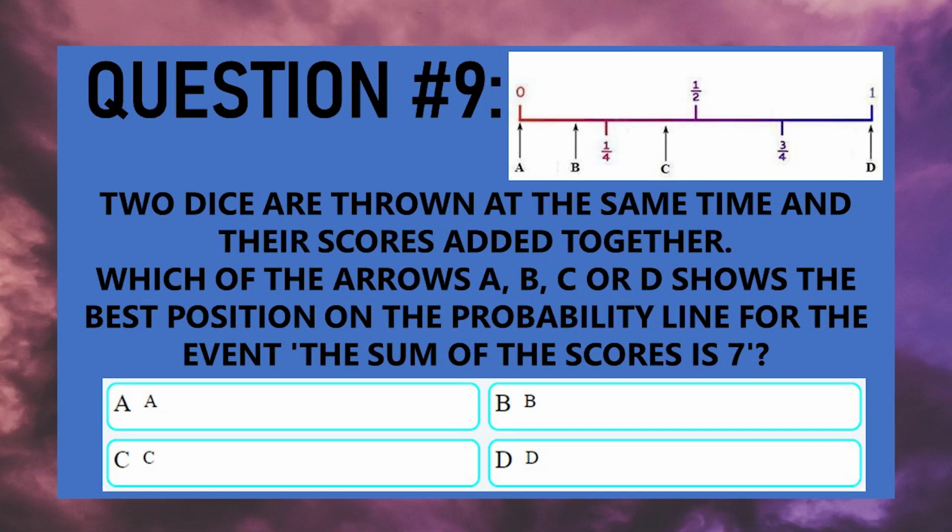Question number 9. Two dice are thrown at the same time and their scores added together. Which of the arrows A, B, C, or D shows the best position on the probability line for the event the sum of the scores is 7?